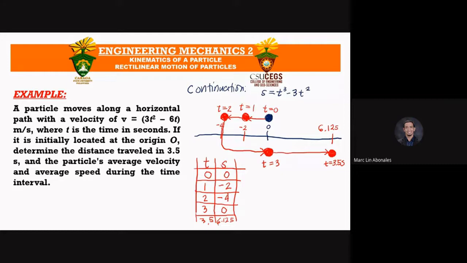When we talk about distance traveled in 3.5 seconds, pila ang gitravel sa atong particle starting from the origin until the time na 3.5 seconds or its final position. So we just only sum up the total distance na gitravel sa tong particle.